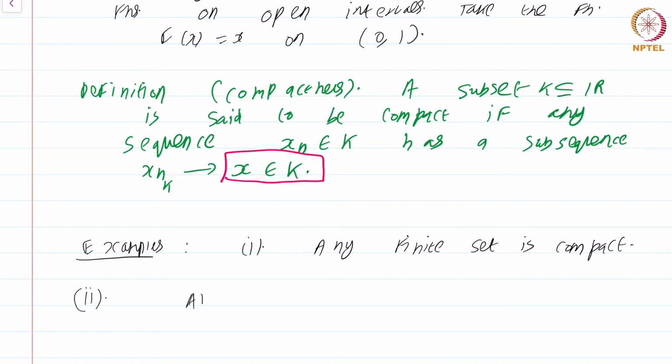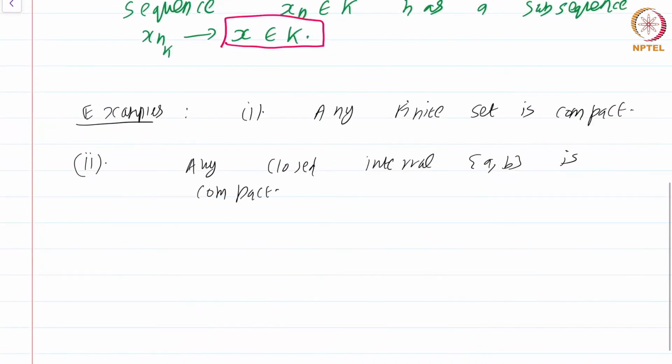Example 2. Any closed interval [a, b] is compact. Why is this the case? Take xn in [a, b]. Now [a, b] is a bounded set, right?